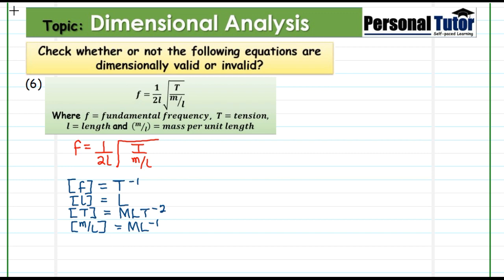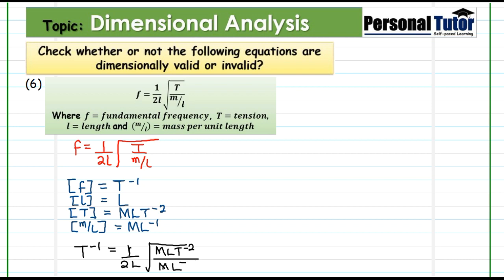Let's substitute into the equation. For the frequency, that will be T exponent negative 1 equal to 1 over 2L, then the square root of the tension MLT minus 2, then all of this over the mass per unit length M L exponent negative 1.